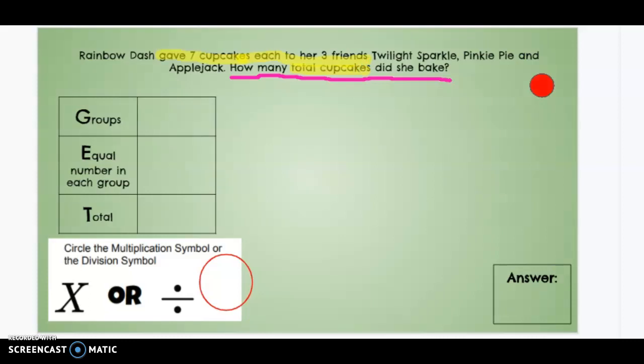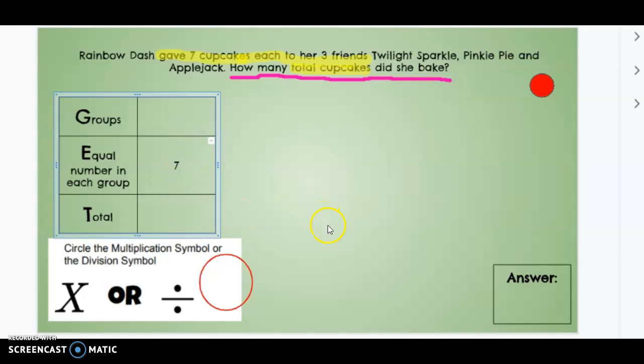So let's start plugging these numbers into our get chart. All right. She gave 7 cupcakes each. Is that going to be my groups, the equal number in each group, or my total? Seven cupcakes each is going to be my equal number in each group.